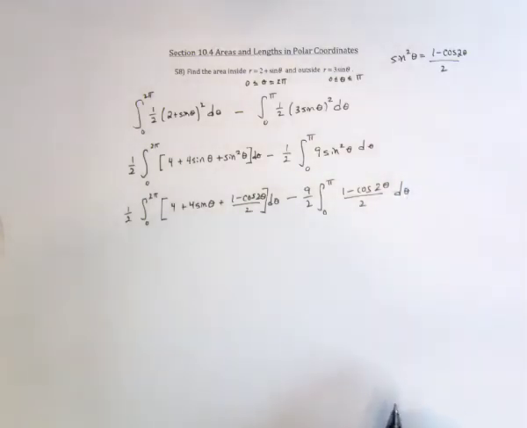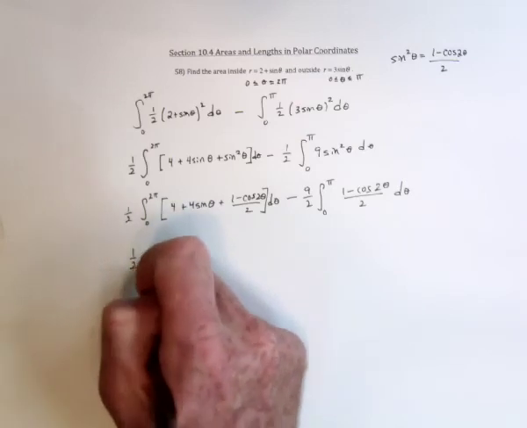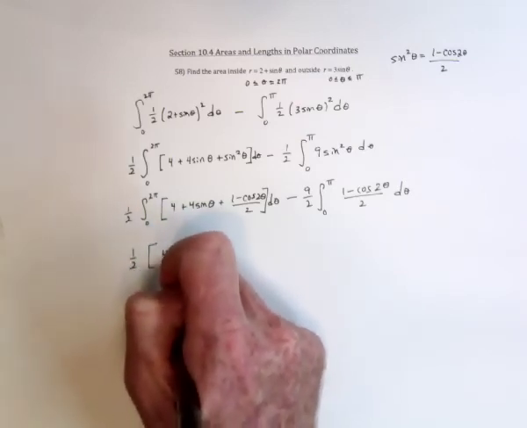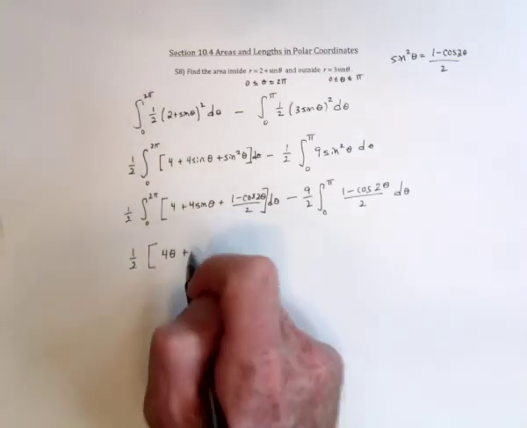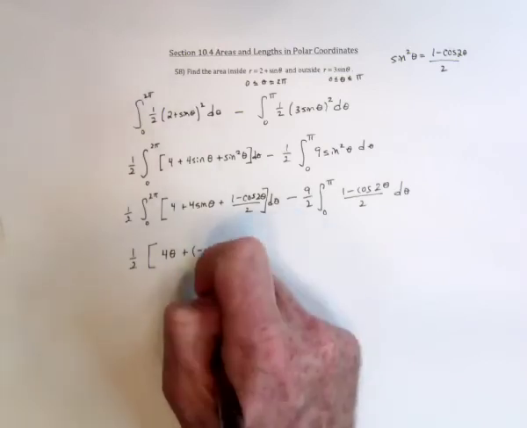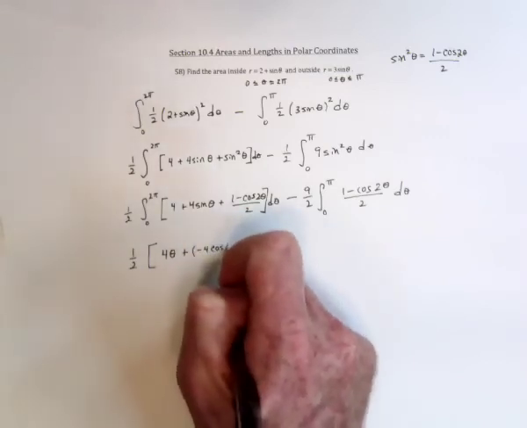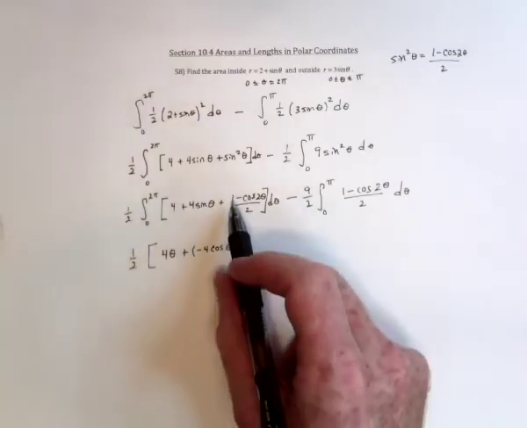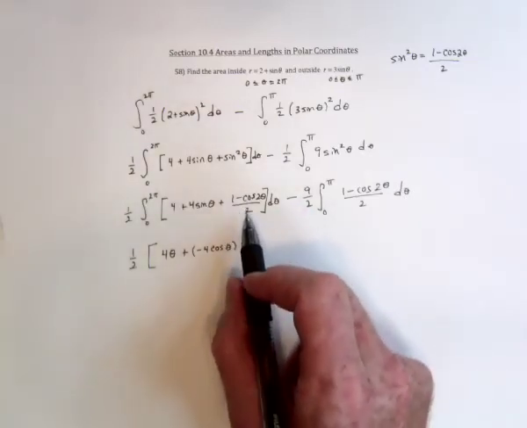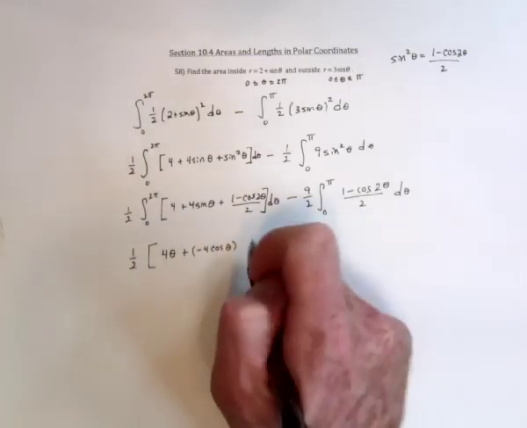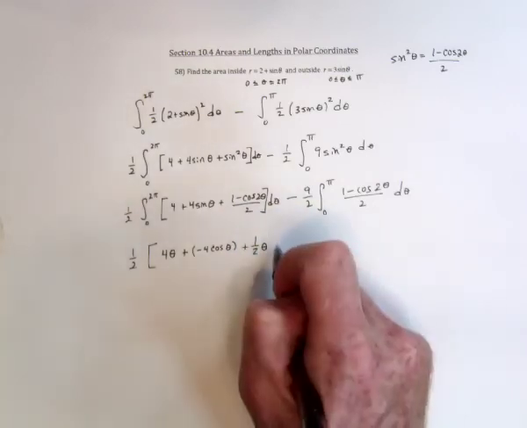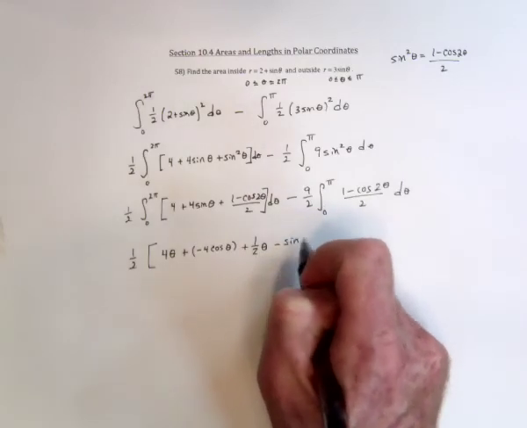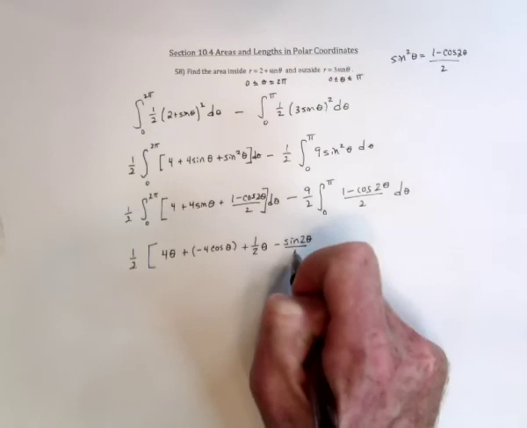Now integrate. So 1/2 times 4 theta minus 4 cosine of theta. Then I'm going to break this into two fractions: the 1/2 and the negative cosine over 2. For the 1/2, that's plus 1/2 theta, and then minus sine of 2 theta over 4.